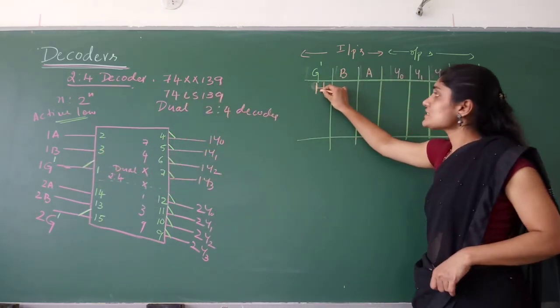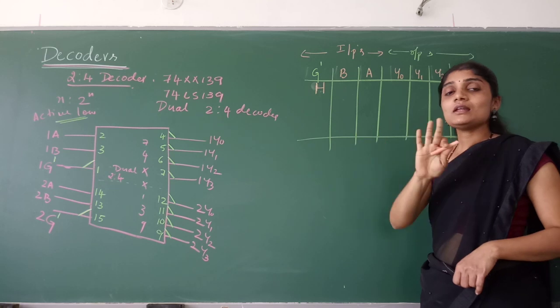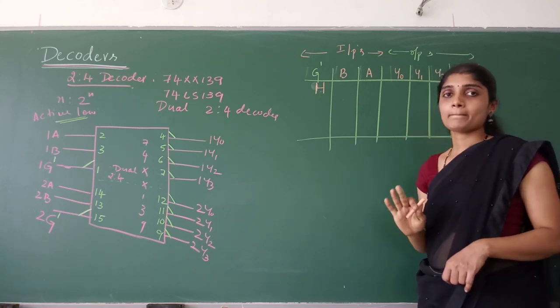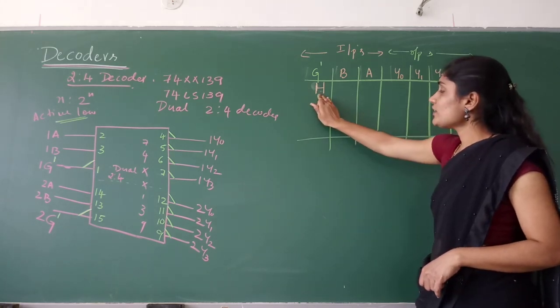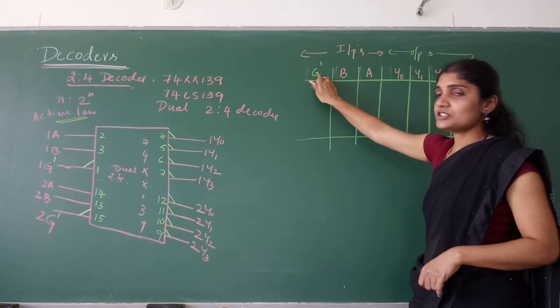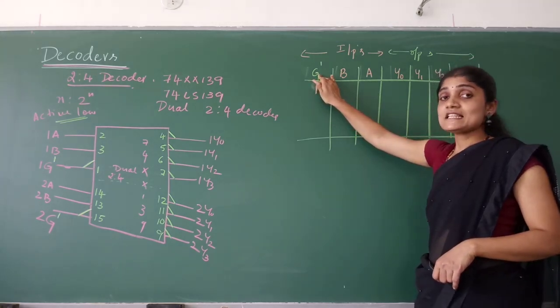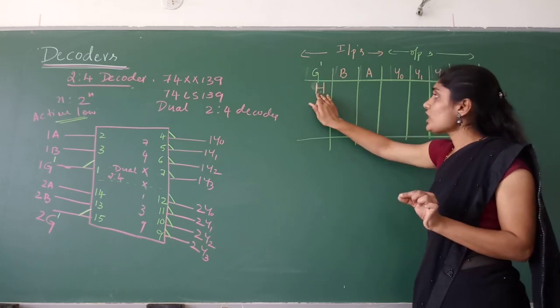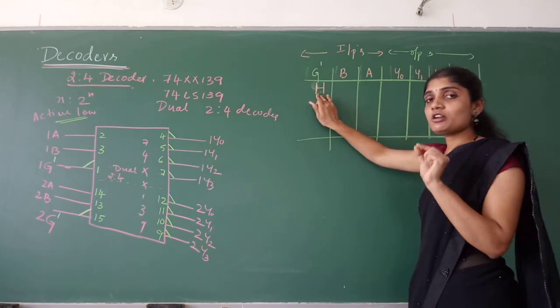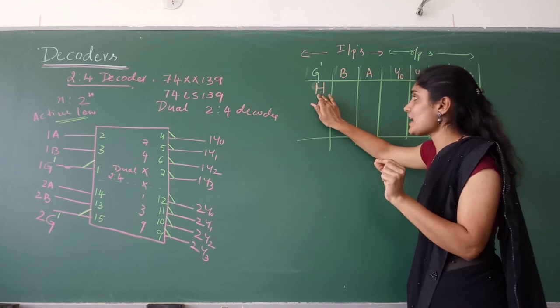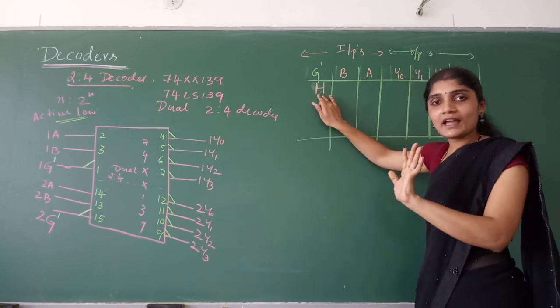The input will not be active. Please understand. G dash is an enable input. Since it is active low, if you give a high signal at G dash, the input will not be active.